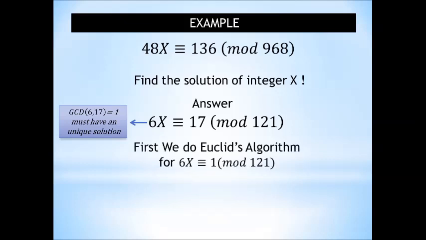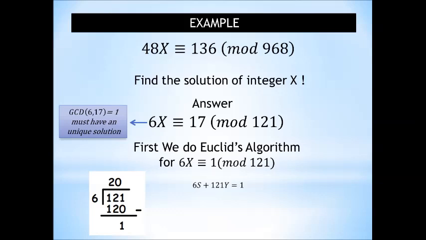So, first, we do the Euclidean algorithm to solve 6x congruent 1 mod 121 first. And we write this equation as the linear equation 6x plus 121y is 1. Now we do the algorithm.